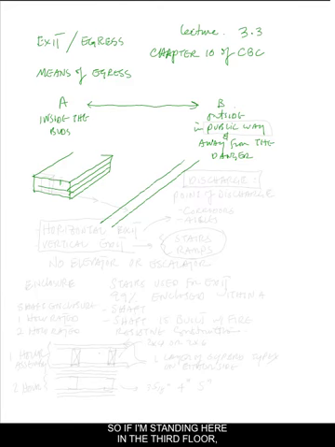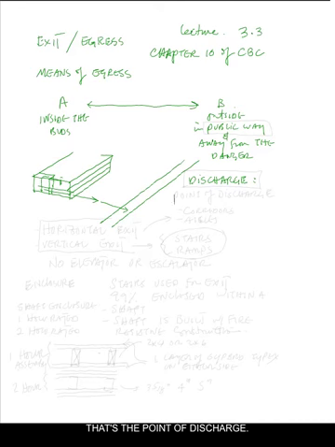So if I'm standing here in the 3rd floor, I can get to a stairway here, and the stairway can take me down through this and discharge me into an area which is safe and away from the building. So discharge is another term related to exiting. That means where people exit out of the building. That's the point of discharge.